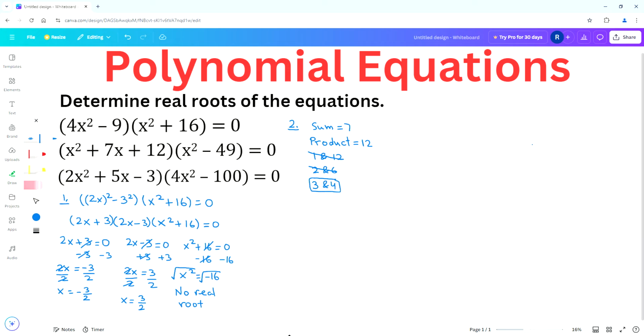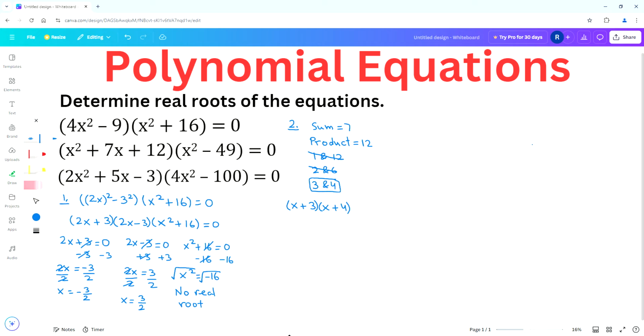So the first factor can be broken down into x plus 3 times x plus 4. Next, we can analyze the second given factor, x squared minus 49. We can break it up into two factors using the difference of squares factoring method.